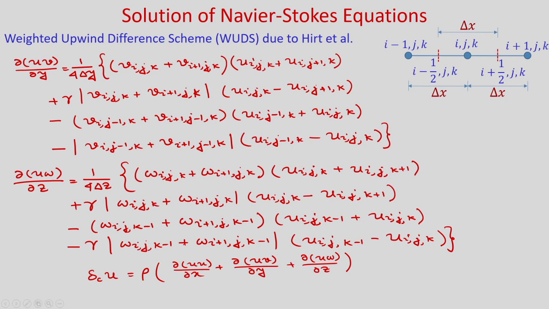All these discretized equations we have already written. If you write delta C u n, that means we will consider u from the previous time level n, and in this discretized equation whatever velocities are coming, you consider from the known values at the previous time level.